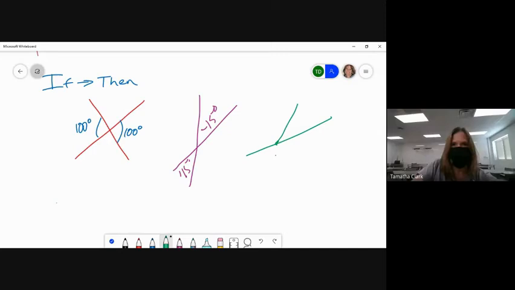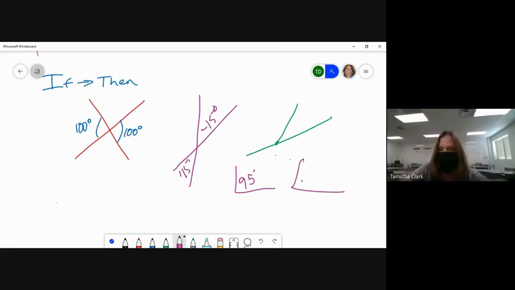But wait, I'm thinking, we could have two angles, for instance, one here that is 95 degrees and another angle, and I'm having to do the math in my head, whatever the other measurement is.